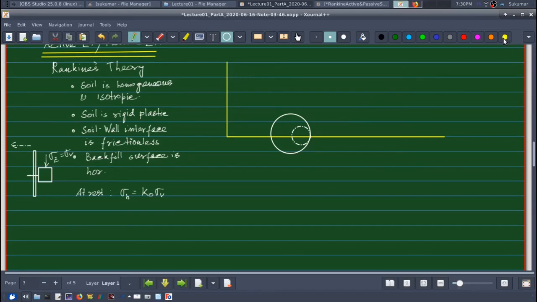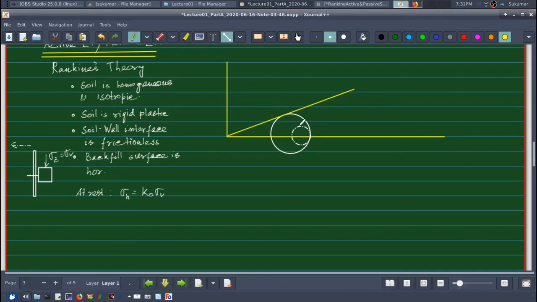Okay, suppose I have a Mohr Coulomb failure envelope here, and now the circle is such that it has failed, the soil element near the wall has failed or is at the verge of failure.